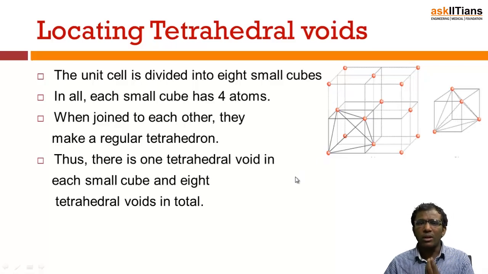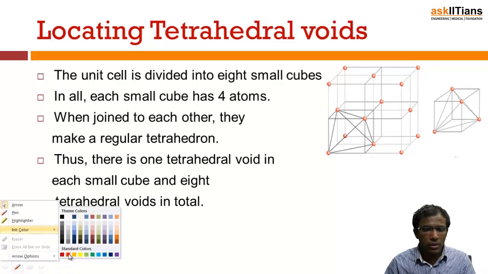Thus there is one tetrahedral void in each small cube, because a tetrahedral void is formed when 3 spheres are in one plane and one is placed above covering the void. That is exactly the situation in this small cube. There is one tetrahedral void here.